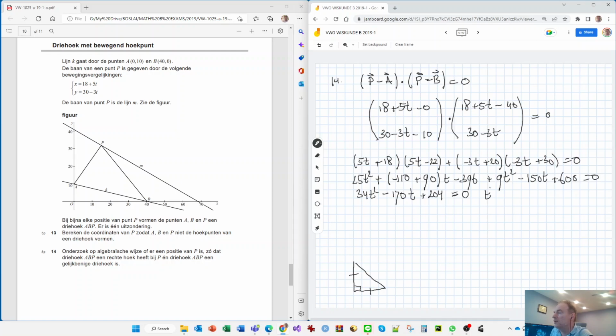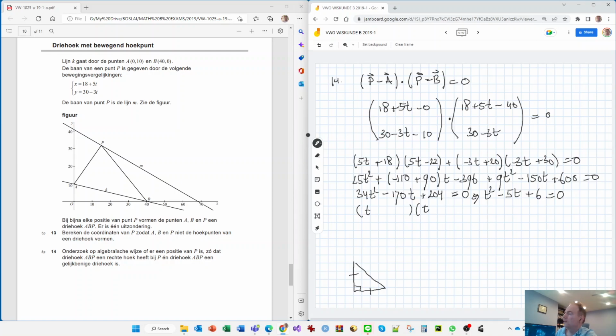So t squared minus 5t plus 6 is 0. Alright. That shouldn't be too difficult. So t, trial and error, 1 and 6 doesn't work.